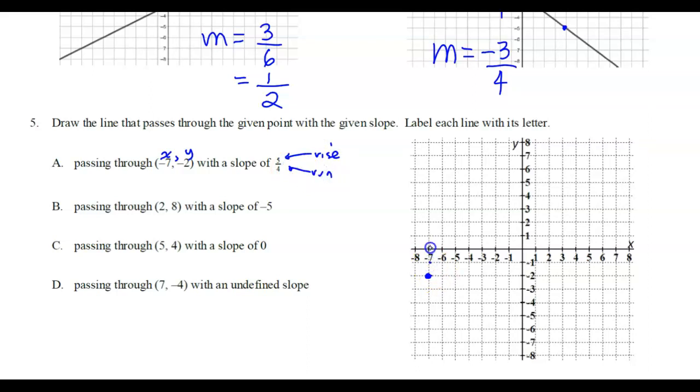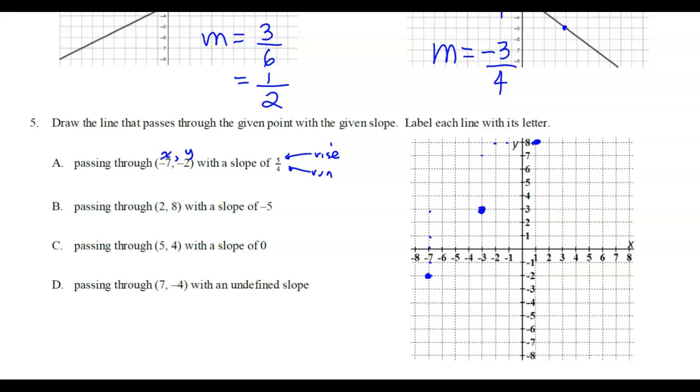So I go up 5, 3, 4, 5, and to the right 4. 1, 2, 3, 4. Okay, I'm going to do that as many times as will fit into the grid. I'm going to do it again. Up 1, 2, 3, 4, 5. Oh, sorry. 5. To the right, 1, 2, 3, 4.